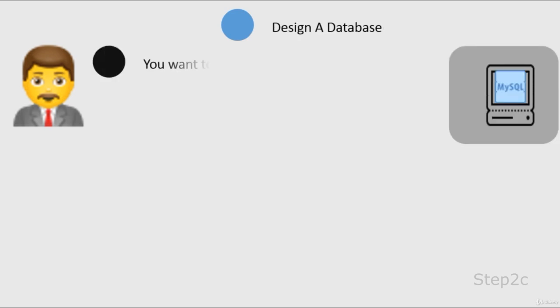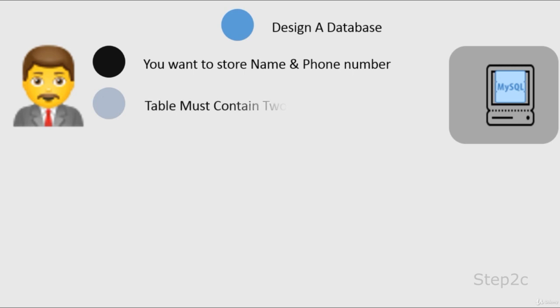So let's see how we could design a database. If you want to store some data, say name and phone number, there should be a data structure that allows us to save two columns of information. We want to store name and phone number, so the data space also allows us to save two columns or two sets of data. So our database might look something like this, which contains two columns.